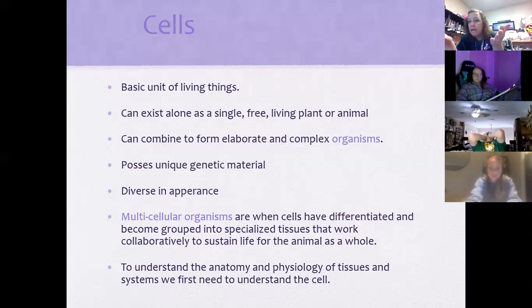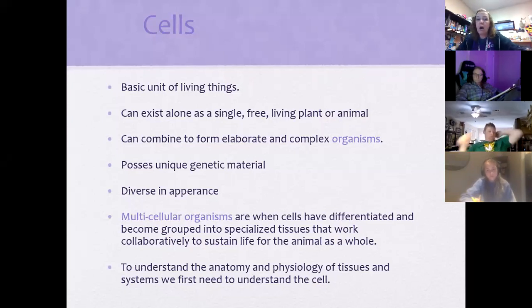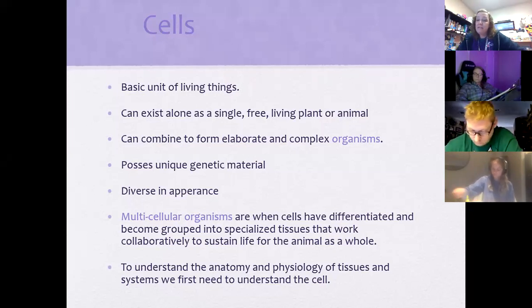Heart cell, same thing. You're going to function as a heart cell and this is how you do it. So even though we can have diversity in the appearance, the cell is going to have this unique genetic code that will tell it exactly how to behave. And even though we do have this diversity, all cells ultimately have very similar structures.